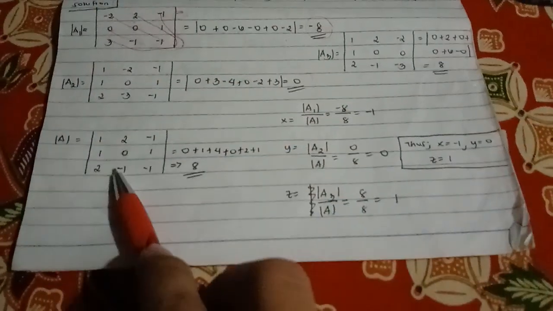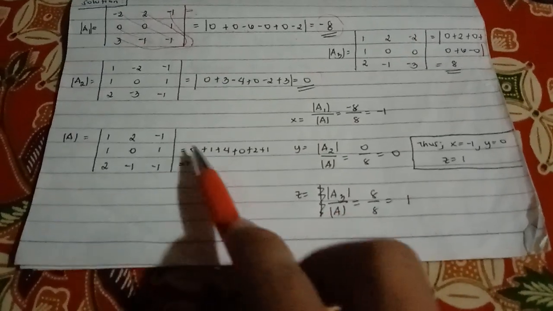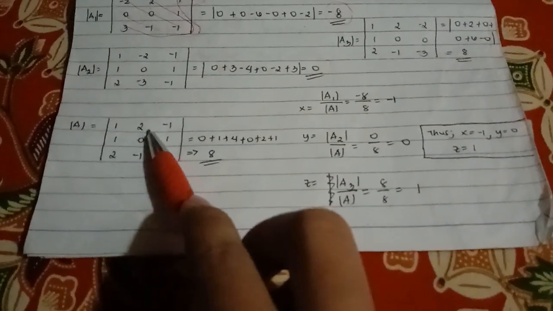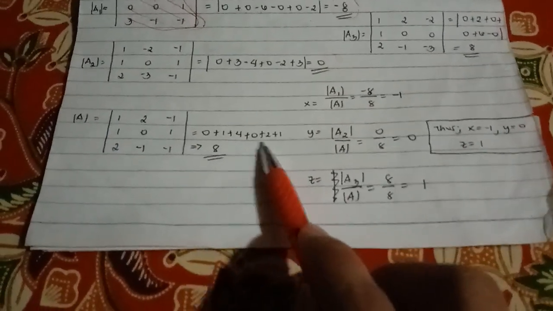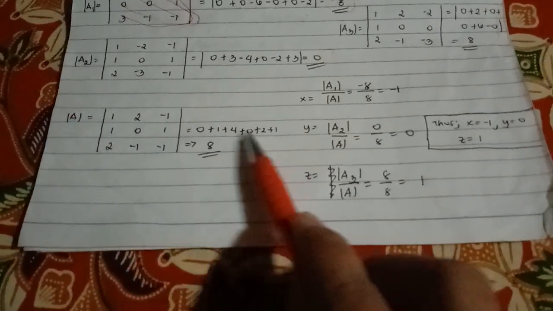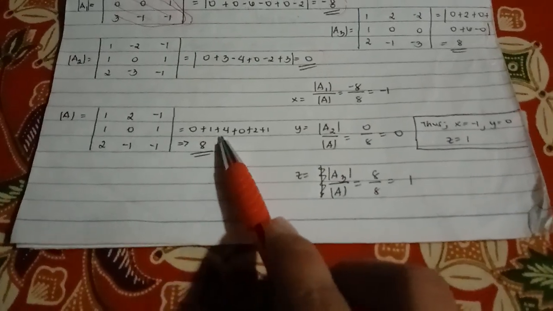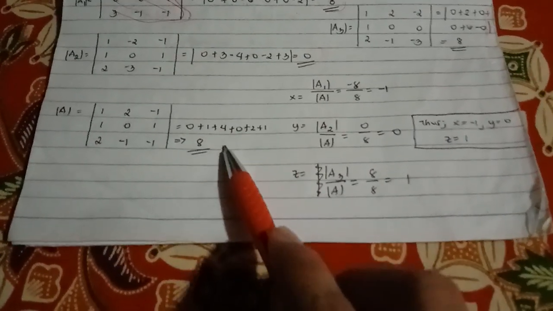So 1 times 0 times negative 1 is equal to 0. 1 times negative 1 times negative 1 is equal to 1. 2 times 1 times 2 is equal to 4. 2 times 0 times negative 1 is equal to 0. 1 times 2 times negative 1 is equal to 2. 1 times 1 times negative 1 is equal to 1. So 0 plus 1 plus 4 plus 0 plus 2 plus 1 is equal to 8.